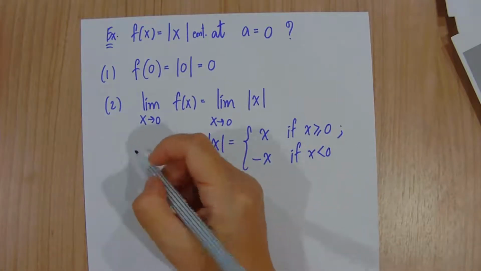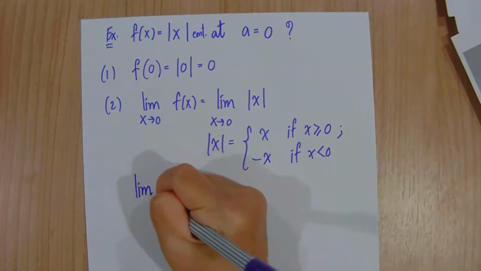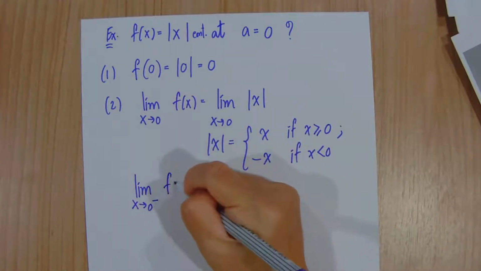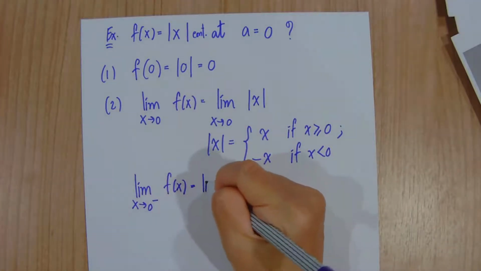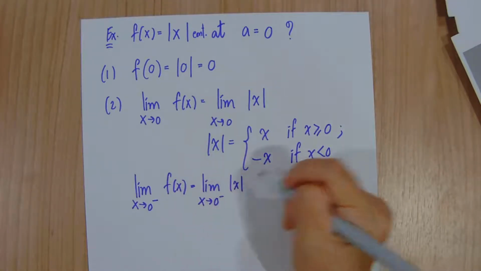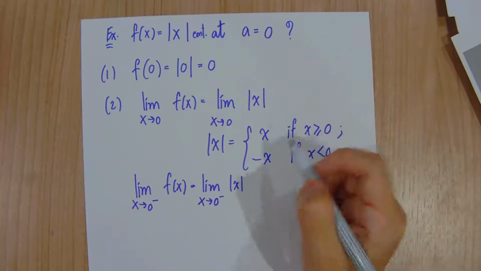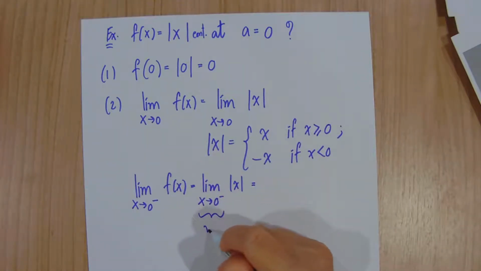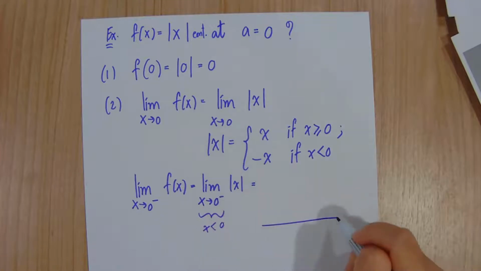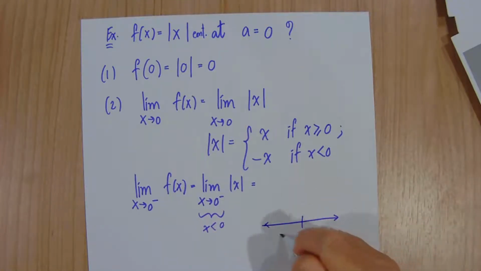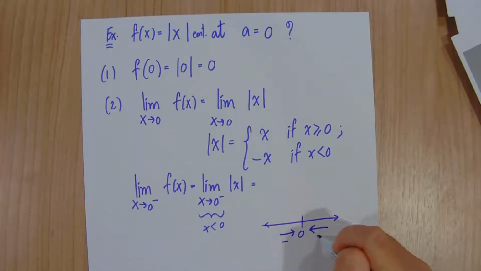Then we find, first, the limit from the left hand side. This means the value of x is less than 0. If you cannot remember, just use the number line to see from the left or from the right.